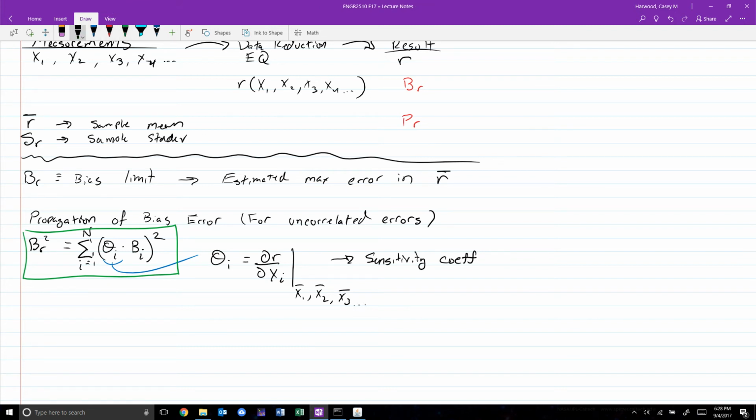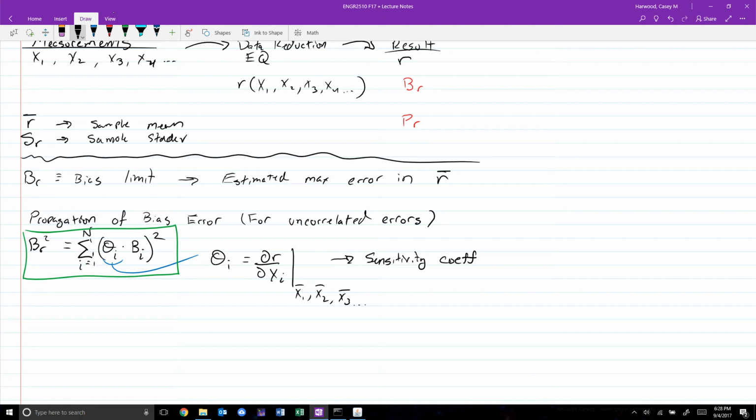So for example, to find theta 1, you would take the derivative of r with respect to x1. That's going to give you another function. It might contain some x's, whether they're x1s, x2s, x3s, what have you. Then you're going to take your mean values of x1, x2, x3, your sample means, and plug those into whatever that equation is, and what falls out is just going to be a number. It's no longer going to be a function. You'll get a constant.